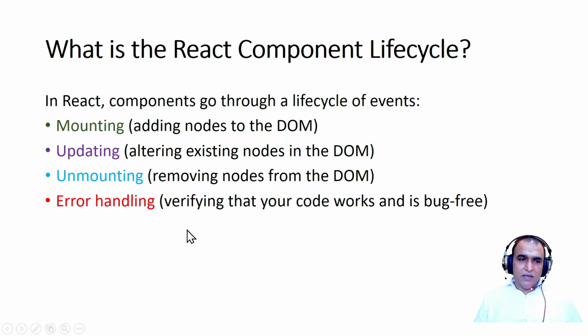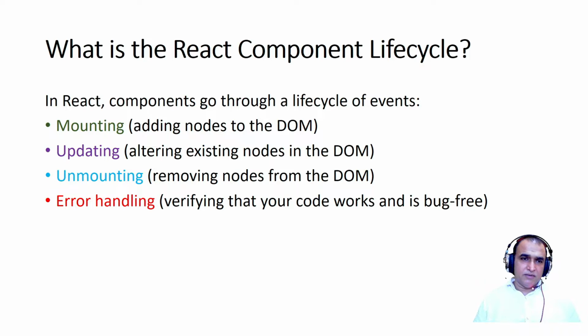If we have a bug in a component, we have an error, then the component goes to the error handling phase. Otherwise each and every component has a mounting phase. Whenever we add the component into the DOM, the virtual DOM we have in React, it's called mounting.